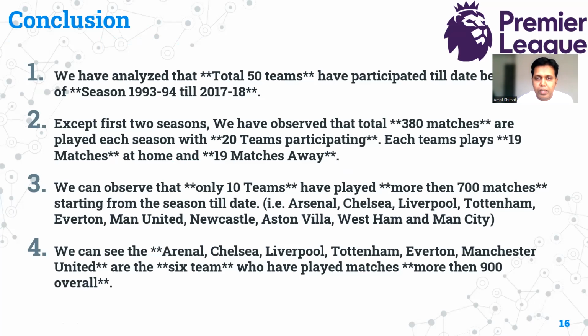Almost 10 teams have played more than 700 matches, meaning those present for many seasons, while teams like Arsenal and Chelsea are among only 6 teams who have played more than 900, which means they were present almost all the seasons of the EPL.